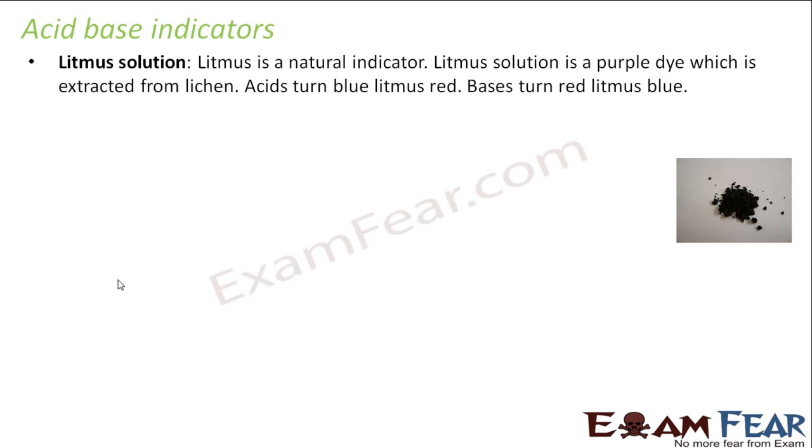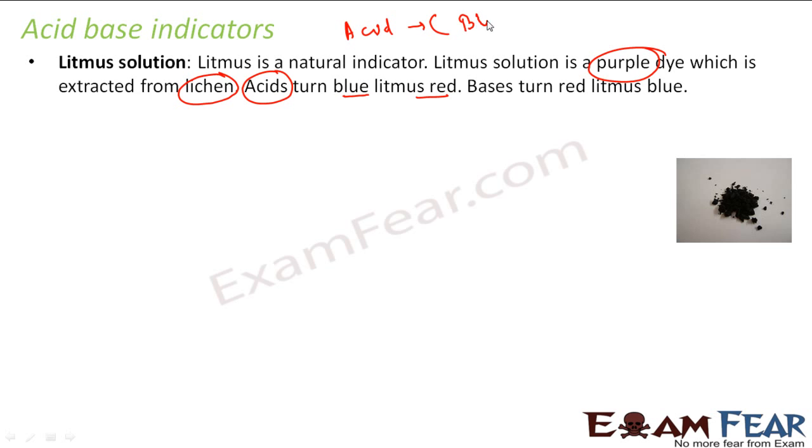Litmus solution is one indicator, a natural indicator. It's a purple dye which is extracted from the lichen plant. Acid turns blue litmus to red, and base turns red litmus to blue.